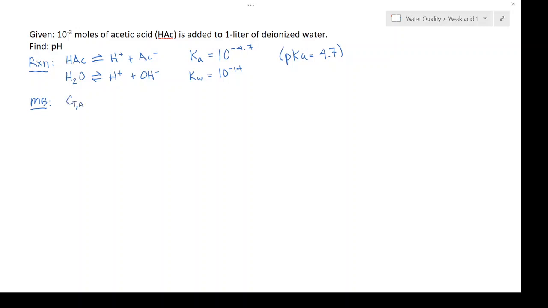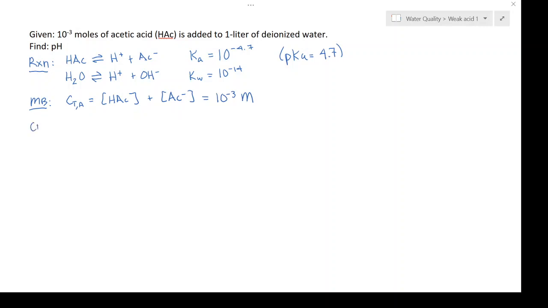We call that C_TA, which is basically all the places that acetate can be in the solution. So we have acetic acid and acetate, and the sum of those things is going to be what I added initially to the solution, which is 10 to the minus 3 moles per liter.